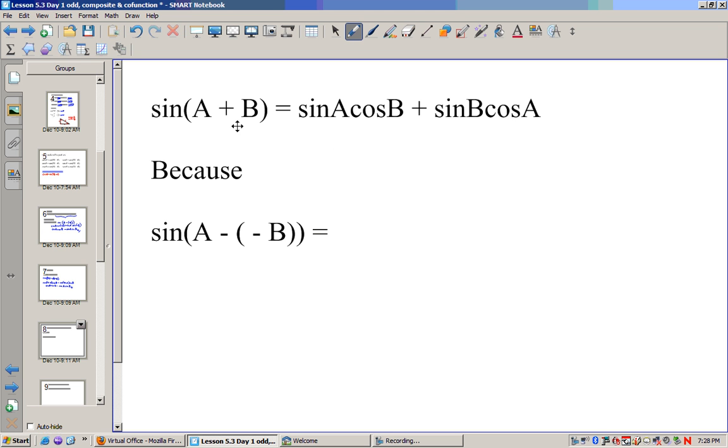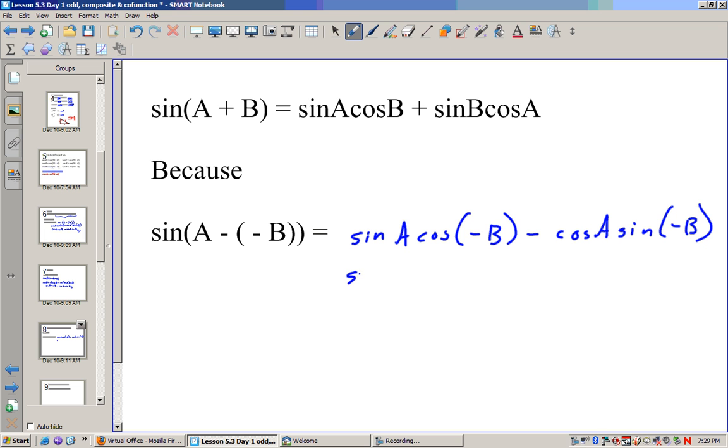Alright, now we have the sine of A plus B is equal to this, and we want to prove that. We'll prove it the same way. The sine of A minus negative B, that's going to be the sine of A times the cosine of negative B minus the cosine of A times the sine of negative B. Again, the cosine of negative B is the same thing as the cosine of B, and sine of negative B is the same thing as negative sine of B. So negative times a negative would make that a positive.